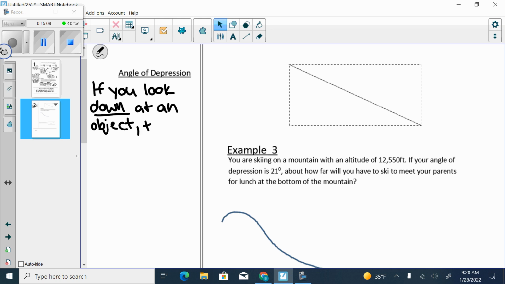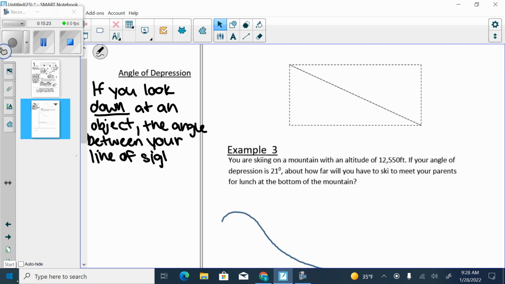It's going to be the angle between your line of sight and a horizontal line.